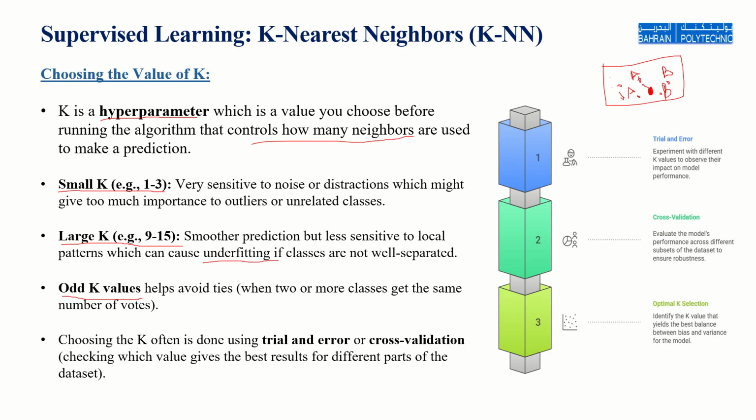So you will find out the distance of this particular point to all other data points. And now if your k is equal to 3, imagine these three are the smallest distances.